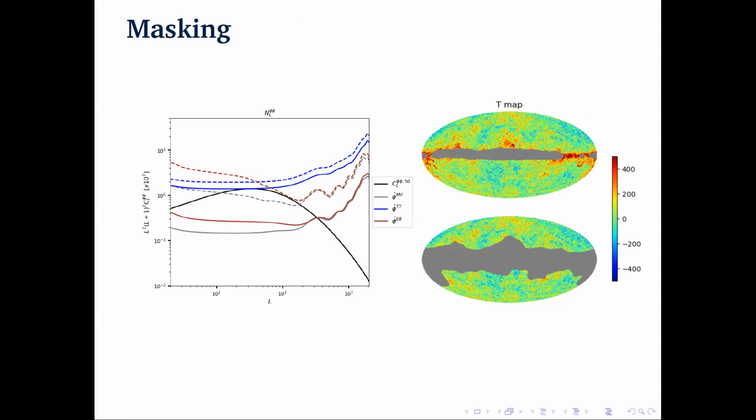In this plot, I show you the effect of masking. Here, this solid line is for a mask where we use about 50% of the sky, so all the galactic plane and the foreground component is masked. And this dashed line is the reconstruction noise for this mask plus 20% of the galactic plane.